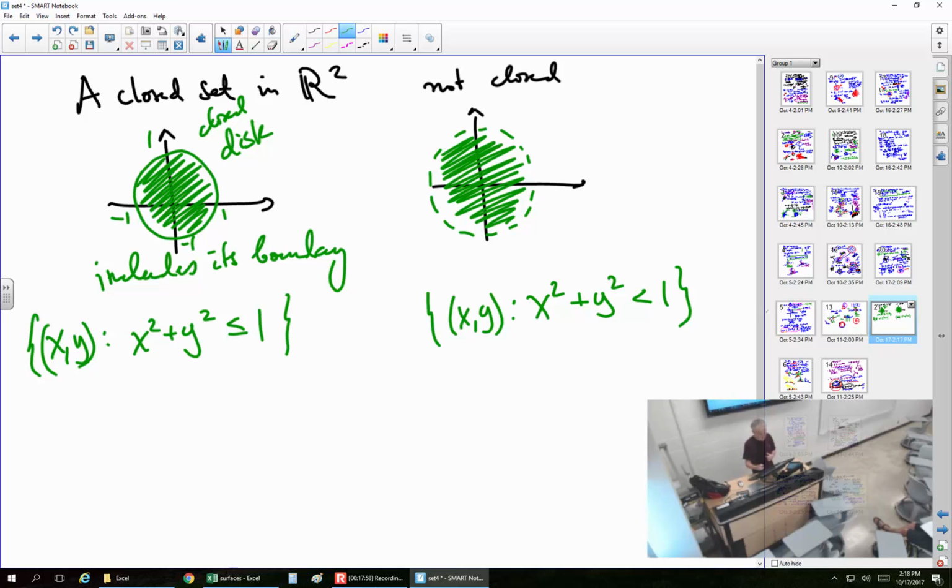We exclude x squared plus y squared equal to 1. That's our circle, and it is excluded from what we had on the left. Okay, so these are just examples, so they're not easy to explain. They're explaining things, but really not telling us a lot.